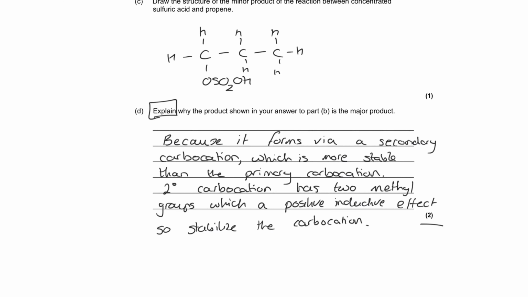Okay, that does seem like a lot for just 2 marks. The mark scheme does say major product formed via more stable carbocation due to the electron releasing character or the positive inductive effect of the 2 alkyl groups, and that's what the mark scheme says.